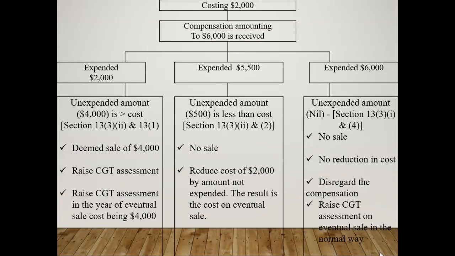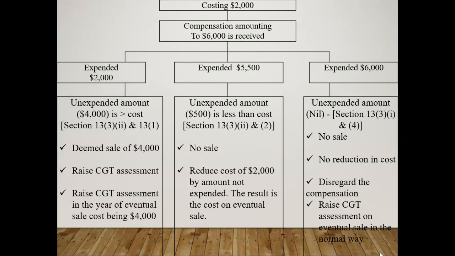Then we receive 6,000 as compensation. After receiving it, let's say we have three scenarios. We expend 2,000. What will be the treatment? What if we expend 500? What if we expend 6,000?